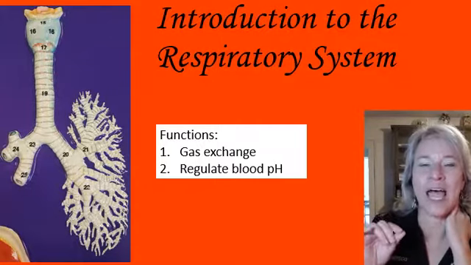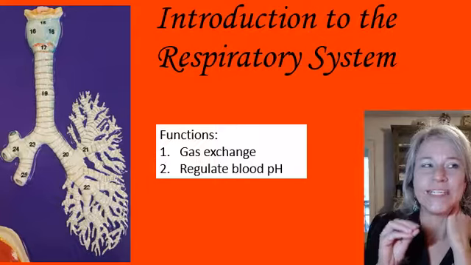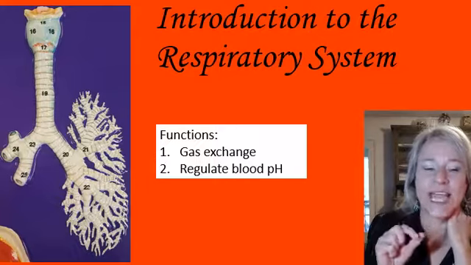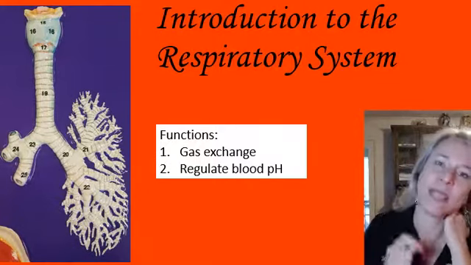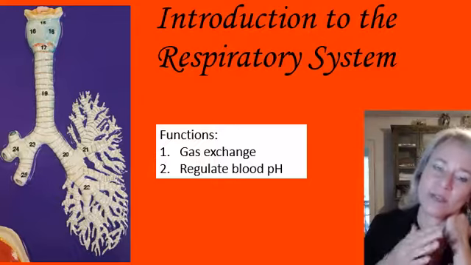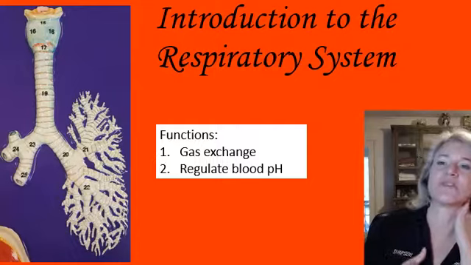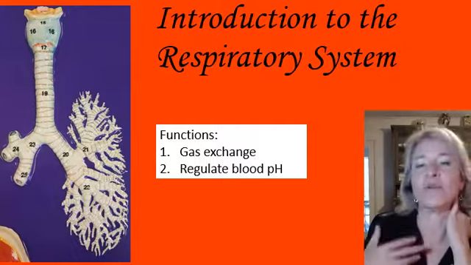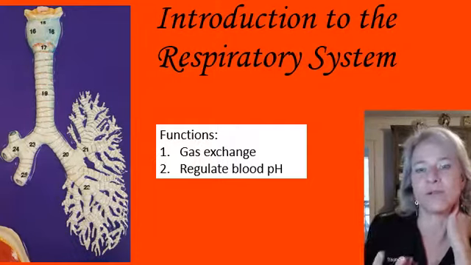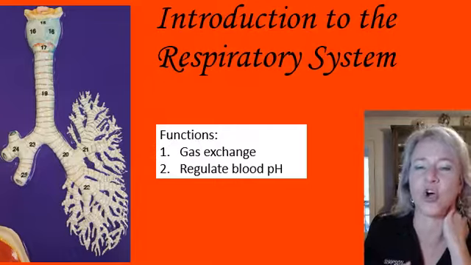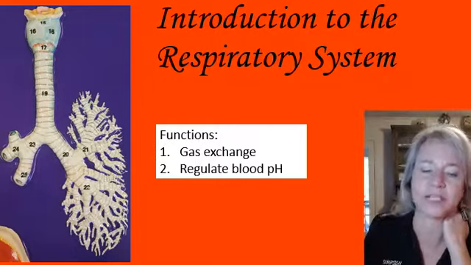And so what you need to remember is that carbon dioxide makes the blood acidic. If the blood starts becoming acidic, then the respiratory system is going to help exhale and remove the carbon dioxide from the blood. So it does play a huge role in maintaining constant blood pH.